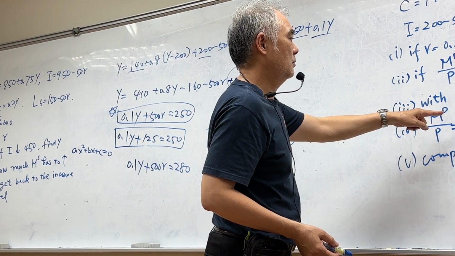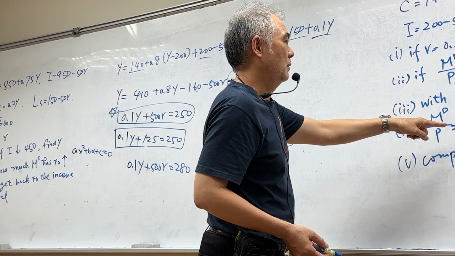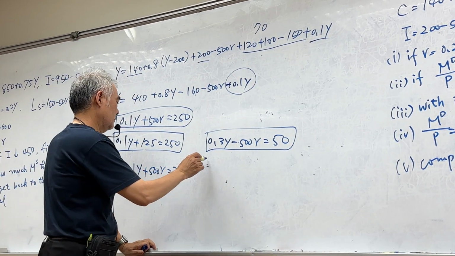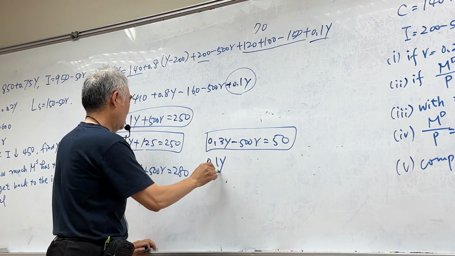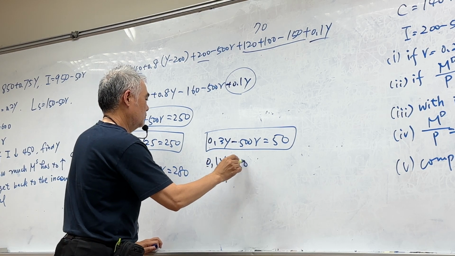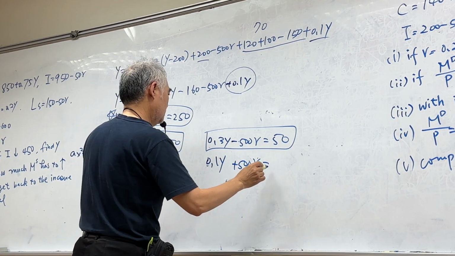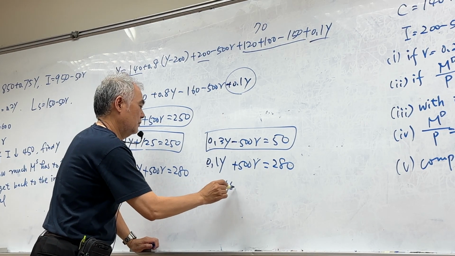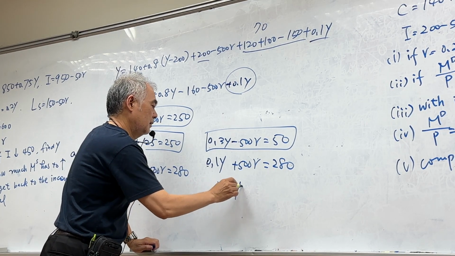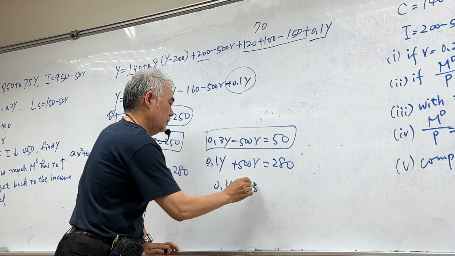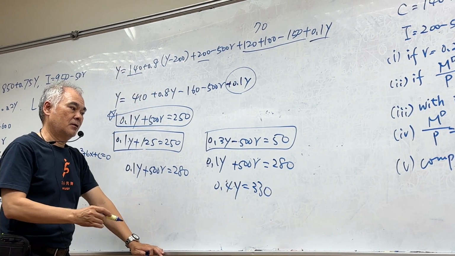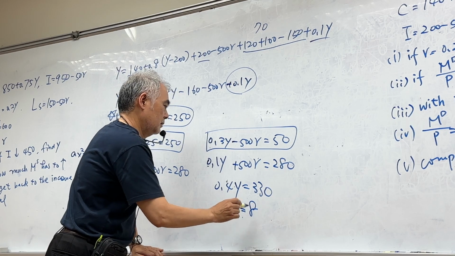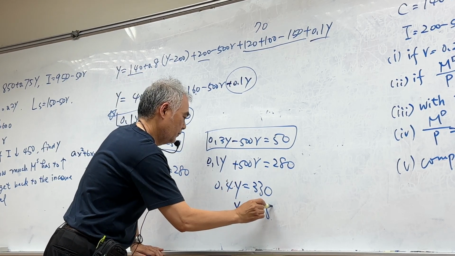Now you need to find I. Again, 0.1y plus 500R is equal to 280, and 0.4y is equal to 330, so y will be equal to 825.